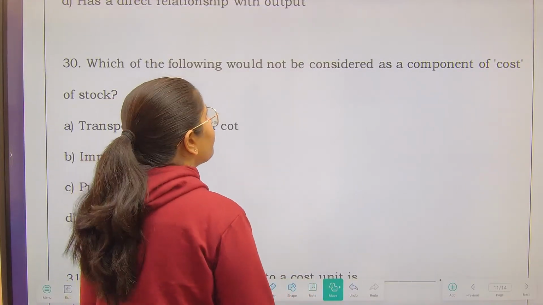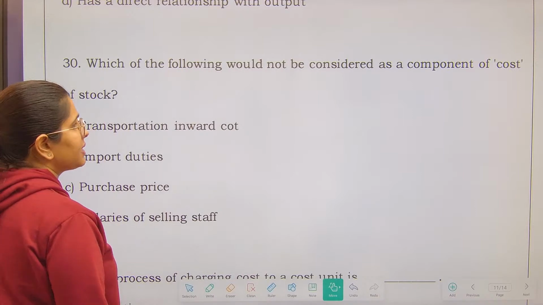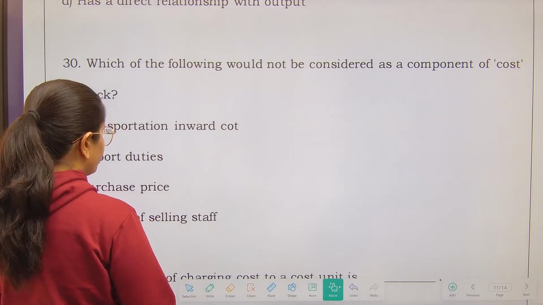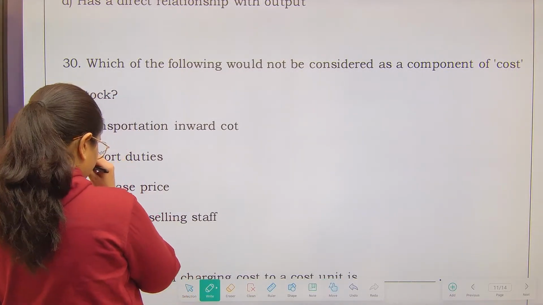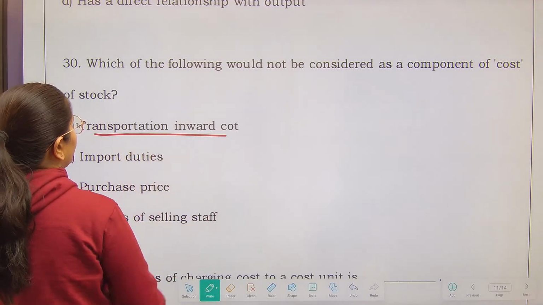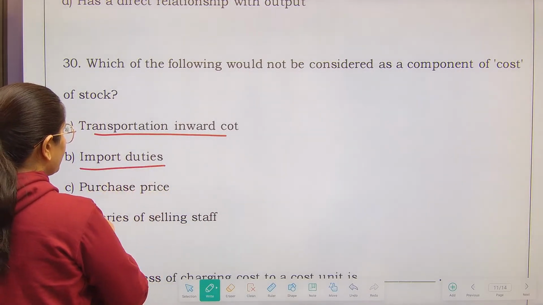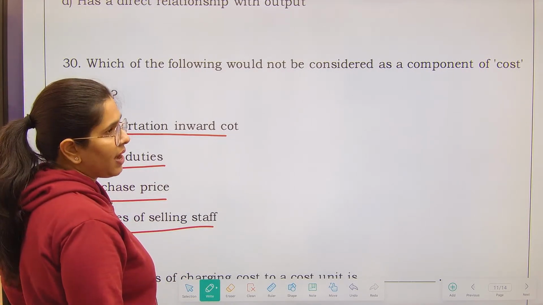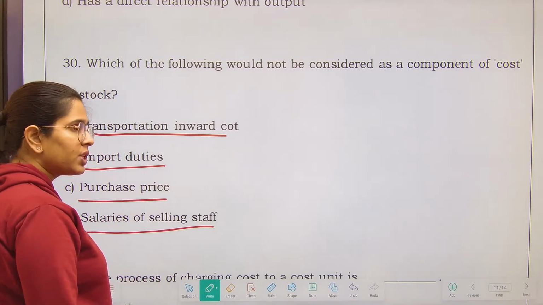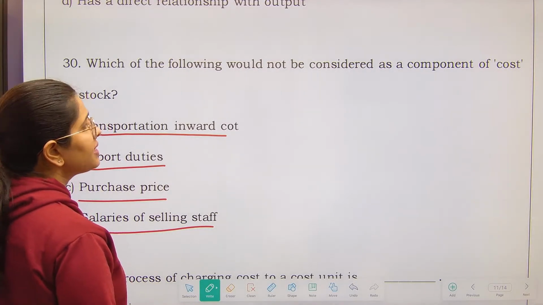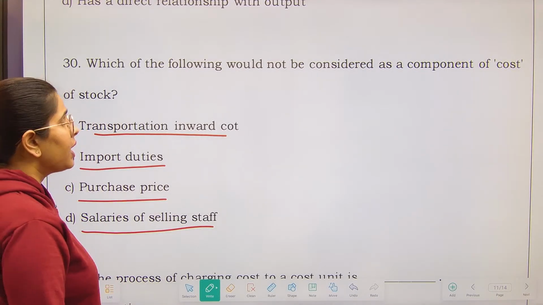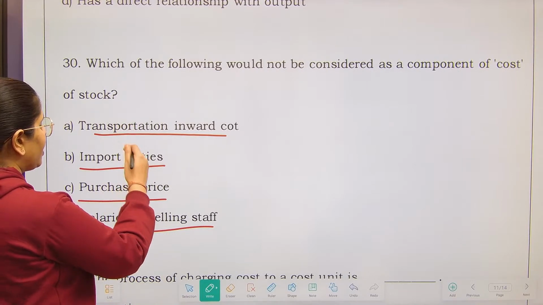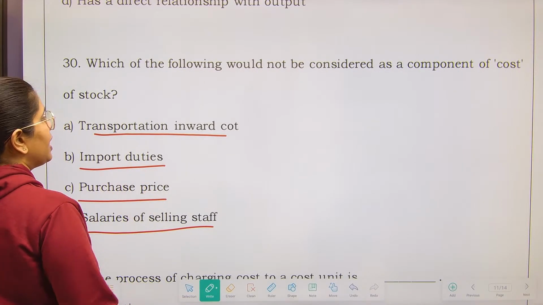Last question, which of the following would not be considered as a component of cost of stock? Transportation inward, import duties, purchase price, salary of the selling staff. If you have produced a particular product and this is kept into your stock, then what values should we include in it?